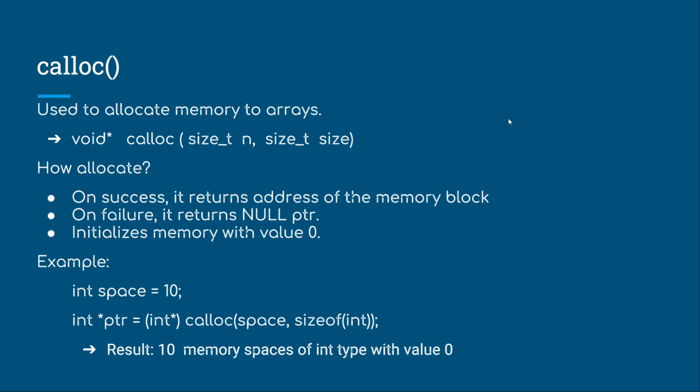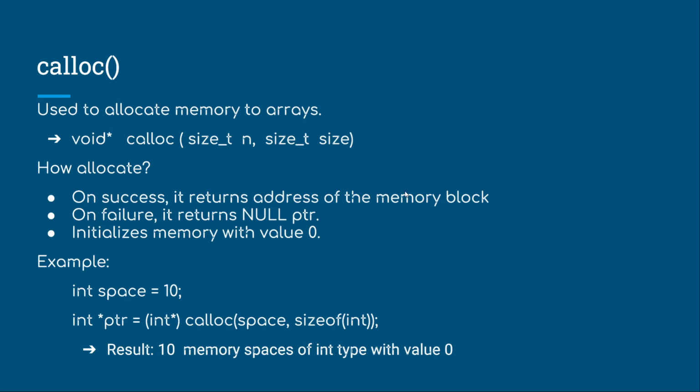Then how it allocates: on success it returns the base address of that memory block, and on failure, that means if there is no memory space present, it returns a null pointer, and then it initializes memory with the value. This is the key difference between malloc and calloc.